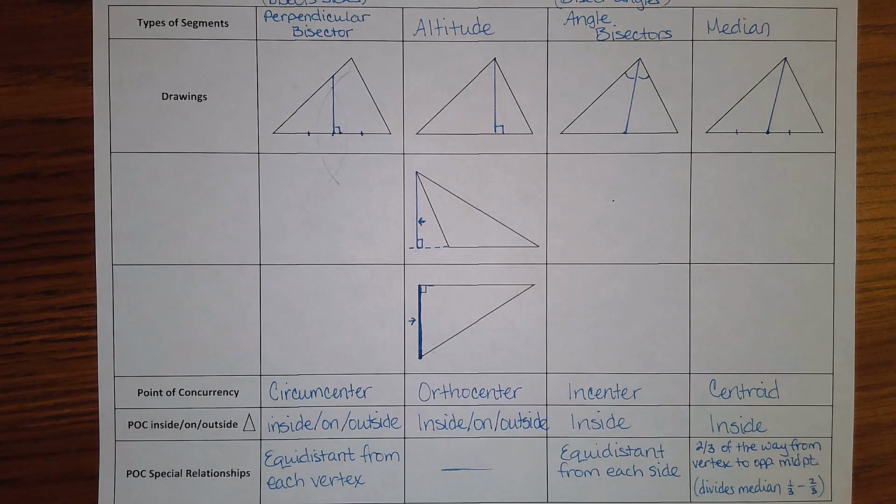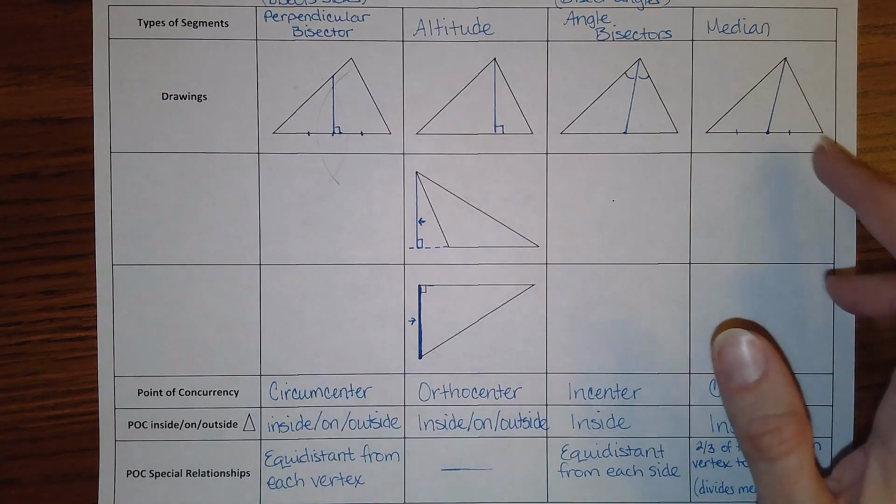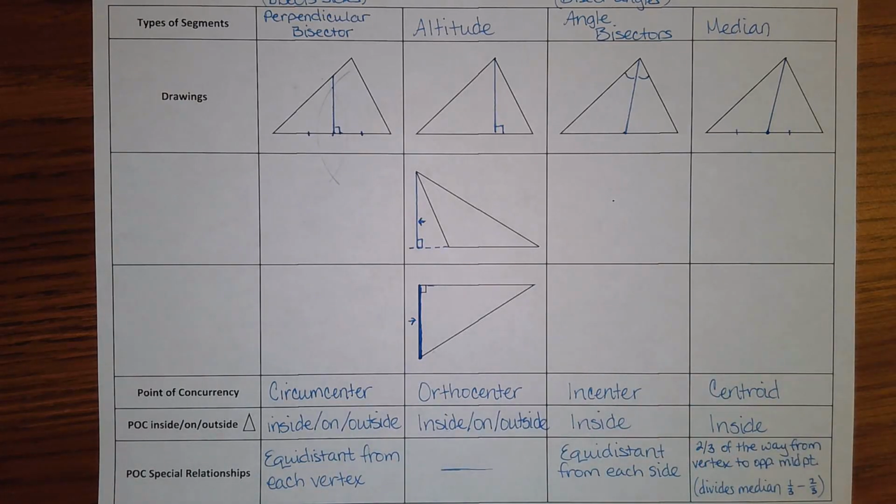So you can go back to the videos if you want to be reminded about how do we bisect a side, how do we bisect an angle, how do we find the midpoint of a side. Those things are all in those other videos using the compasses, doing the constructions, okay? And those can be very easy once you get the hang of them. So don't rule it out as an option. It can work pretty well for you, all right?